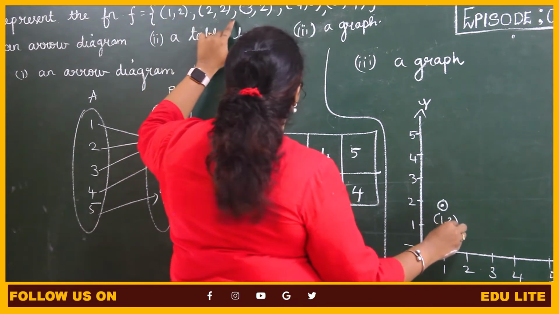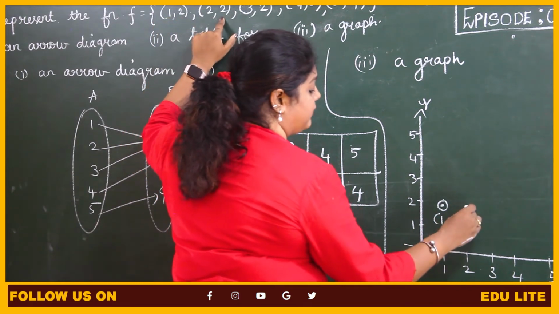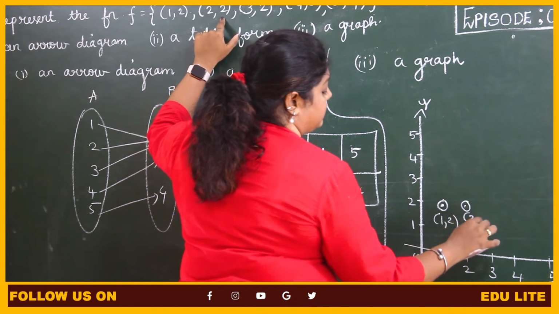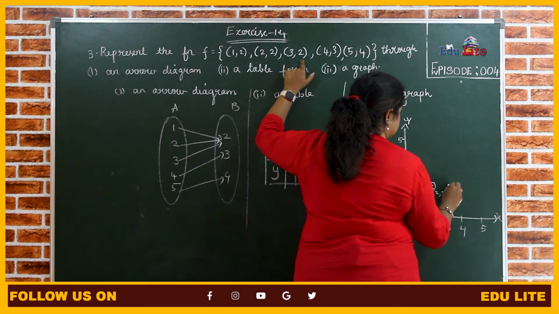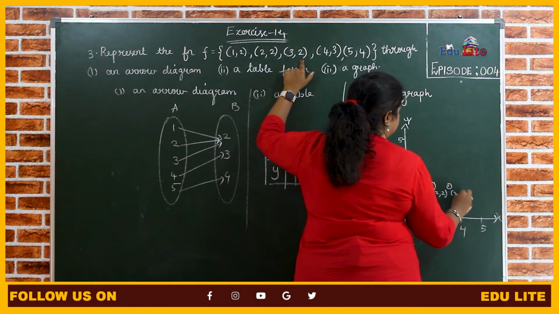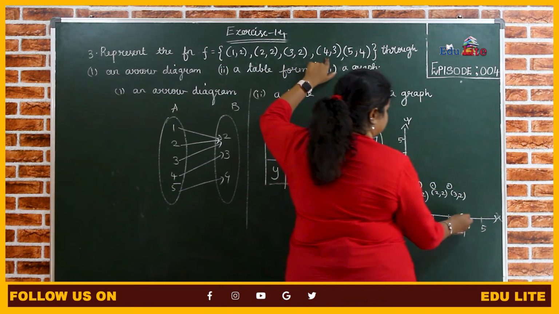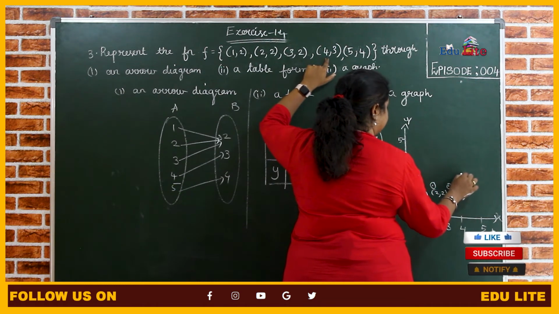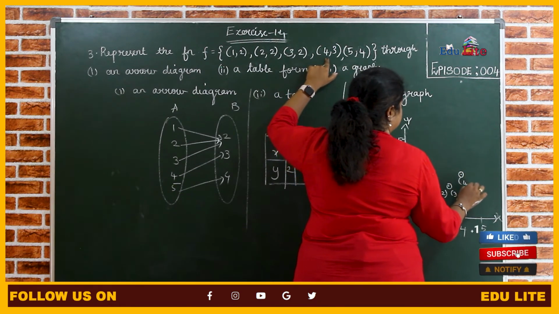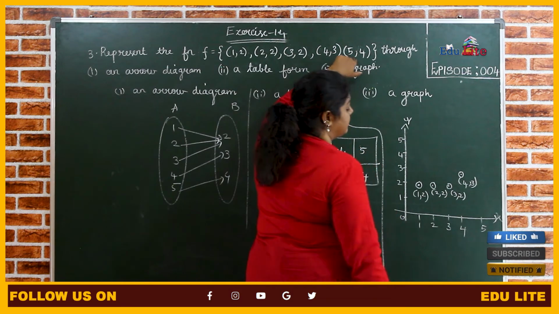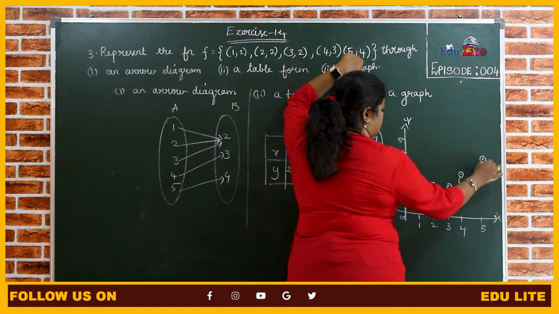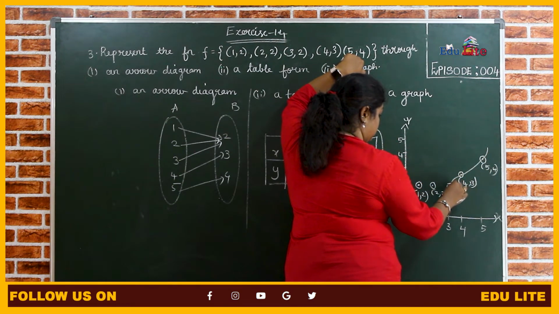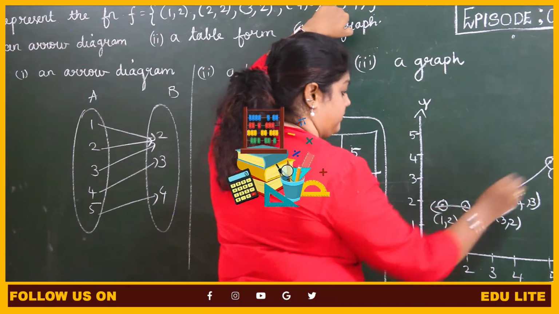Second point is 2, 2, at X and Y both are 2. Then 3, 2, at X 3, at Y 2. Next 4, 3, at X 4, at Y 3. Next 5, 4, at X 5, Y 4. So we have to join the points we plotted.